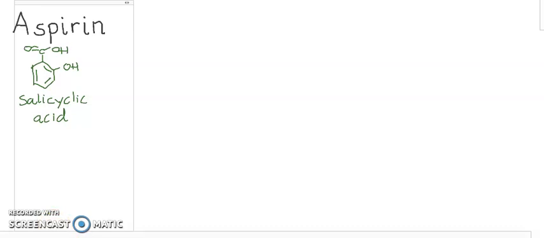But actually what they found out was that this compound irritates both mouth and stomach. But then they found out that they can add another compound.